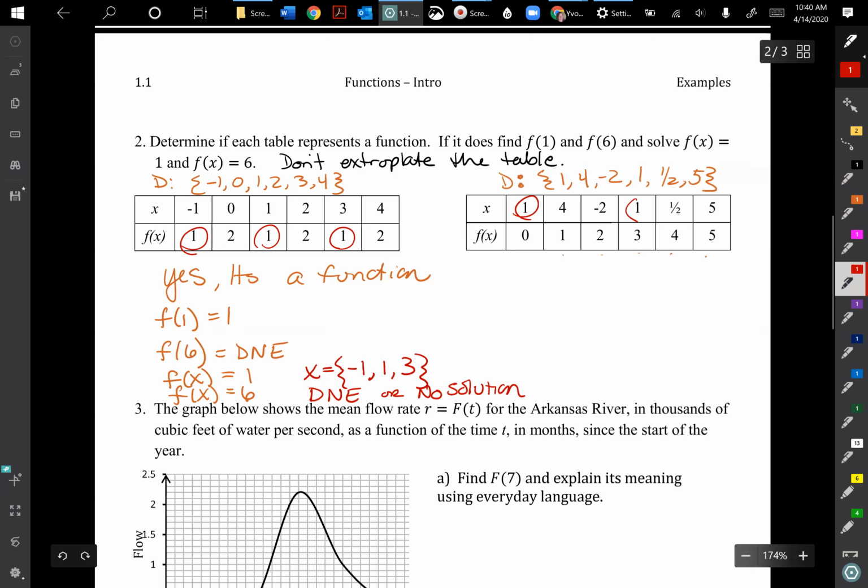So I have a 1 here and a 1 here, and look, they go to different outputs. So then not a function. And that's it. Don't even do the rest, because the rest of it is non-applicable. You could write that if you want.